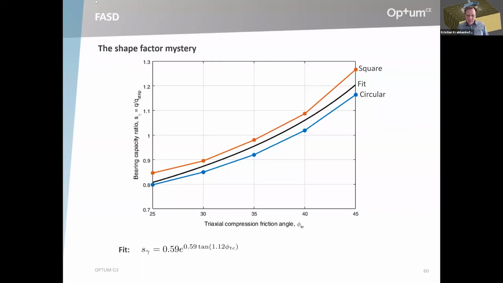Not really. It's somewhere in between, and where in between, you don't know. The FAST model allows you to input both angles and have a result that is consistent with that, and also consistent, I think, with lab scale experiments, as I showed here.